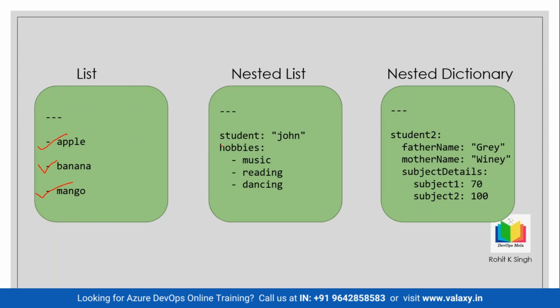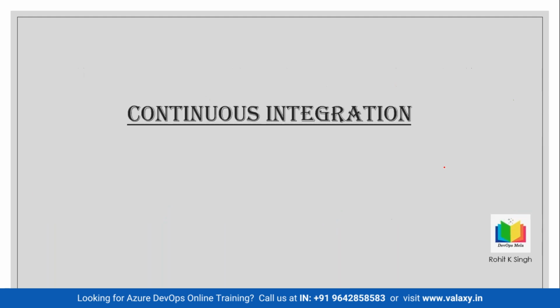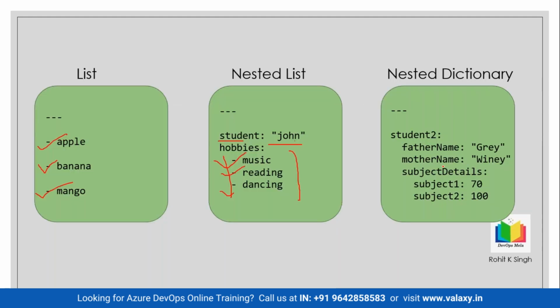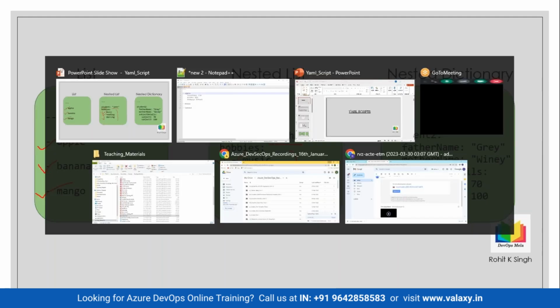Now this is a nested list. You are giving the value of student John and you're defining John's hobbies as a list. John likes music, reading, dancing. So this becomes a nested list. Now nested dictionary, this is a very similar example to the nested dictionary which I showed you on my notepad.